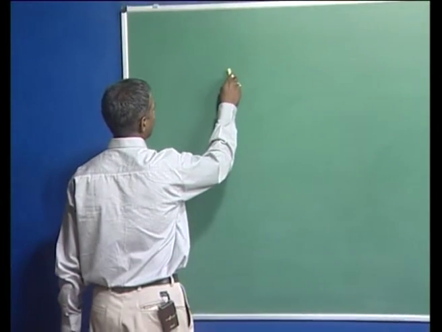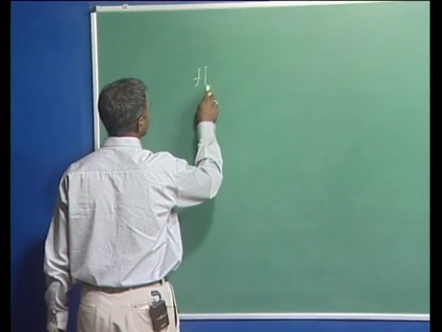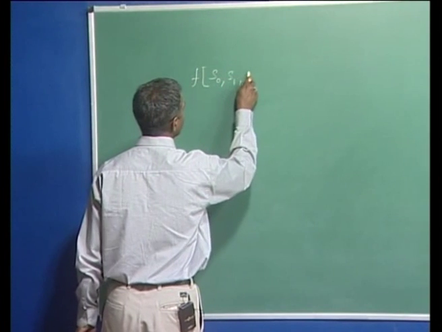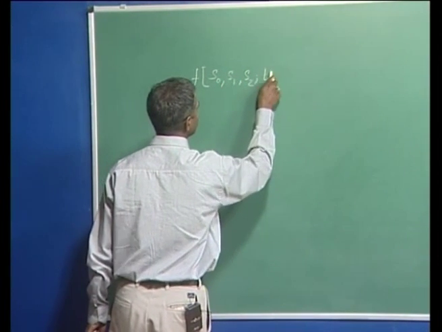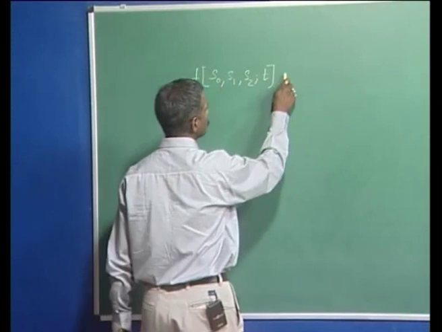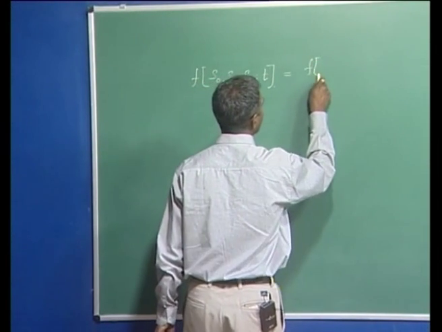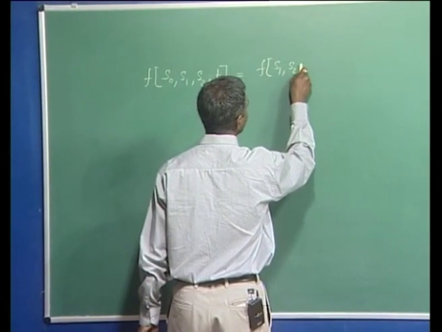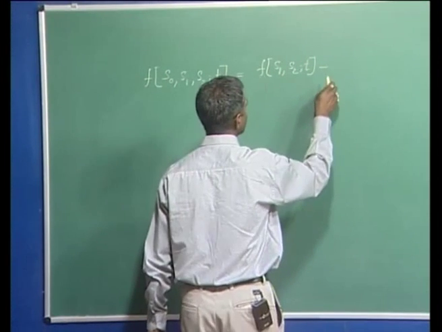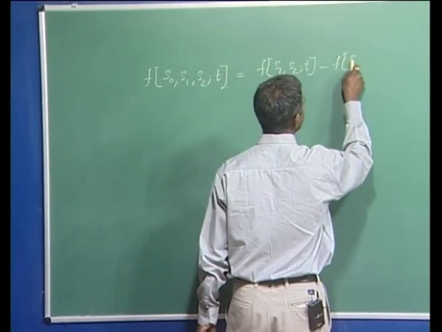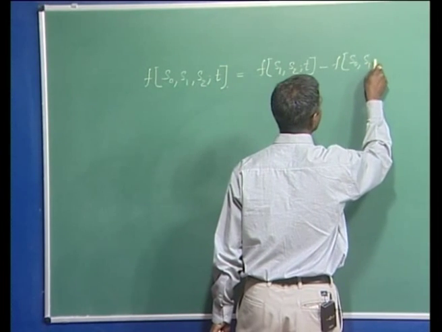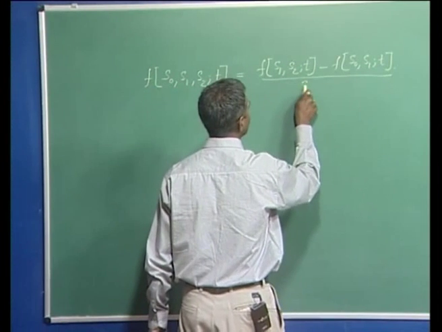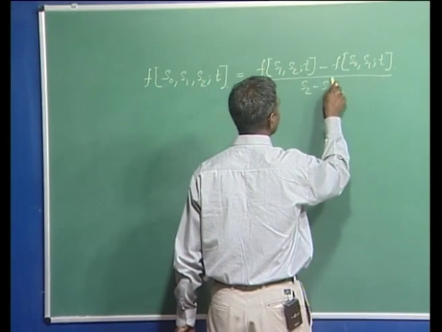The second divided difference will look like f[S0, S1, S2; t], and this would be equal to f[S1, S2; t] minus f[S0, S1; t] over S2 minus S0.